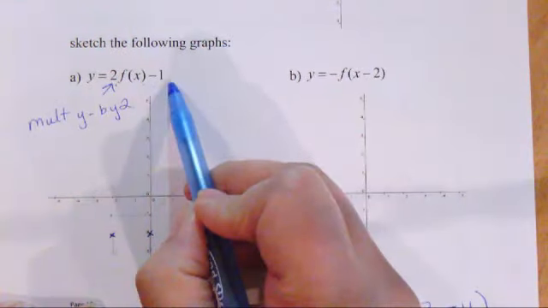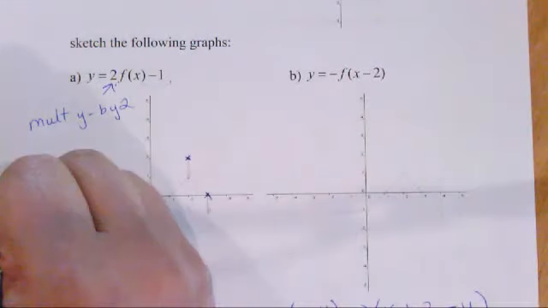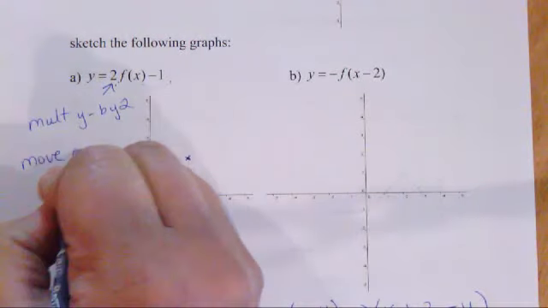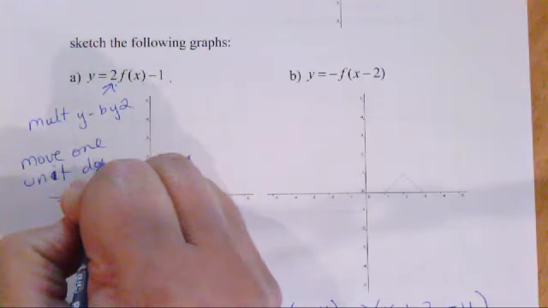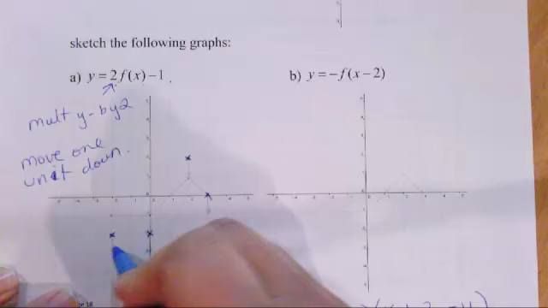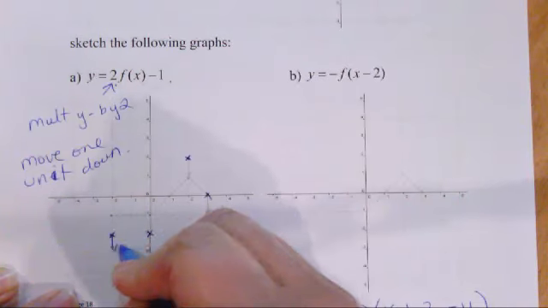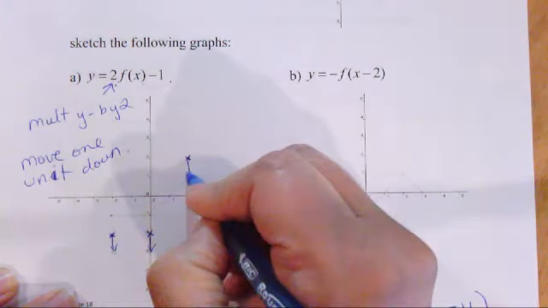Now what happens next is we apply this next transformation. We move 1 unit down. All of these points now go down 1 unit.